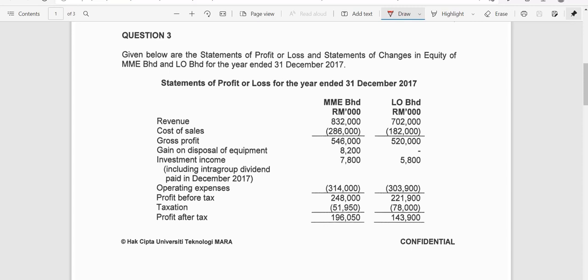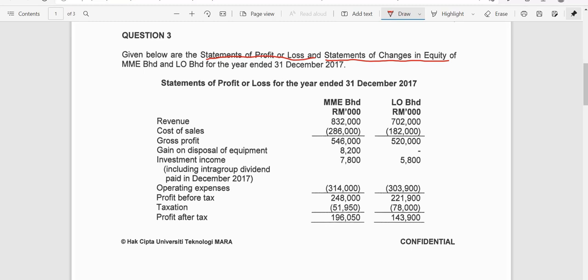I am Madam Yusnaliza. In today's session, we are going to learn how to prepare the consolidated statement of profit or loss and other comprehensive income, and also a consolidated statement of changes in equity, which will focus on the non-controlling interest and the retained profit column.